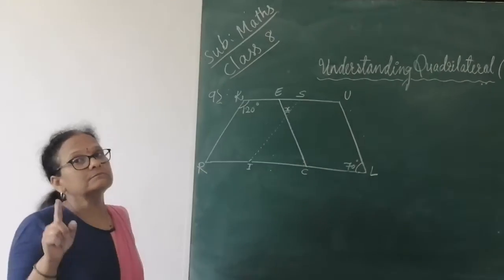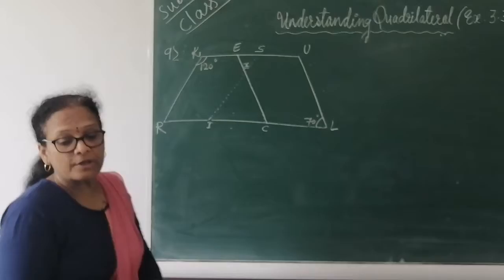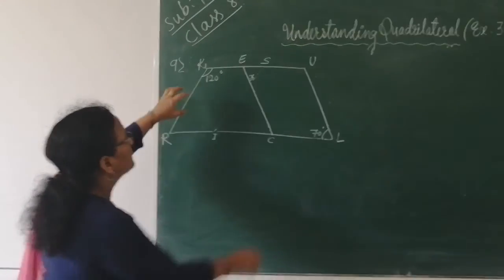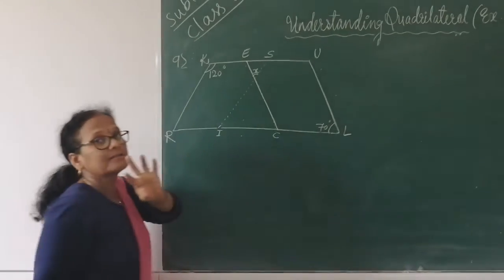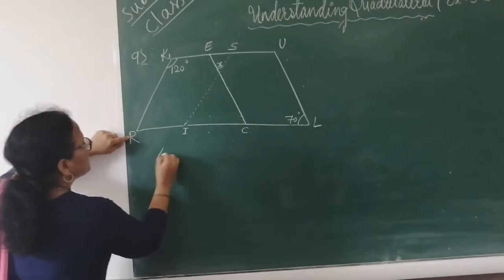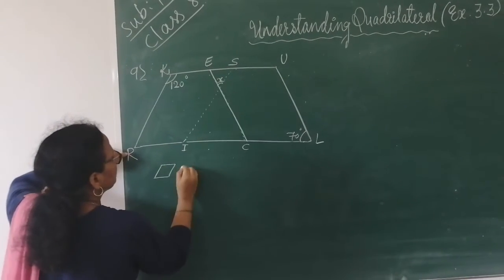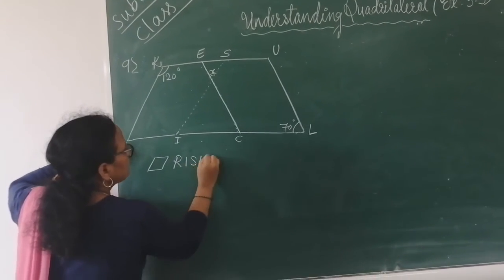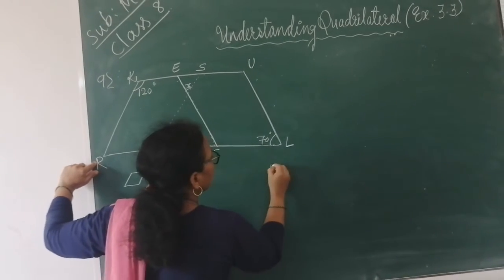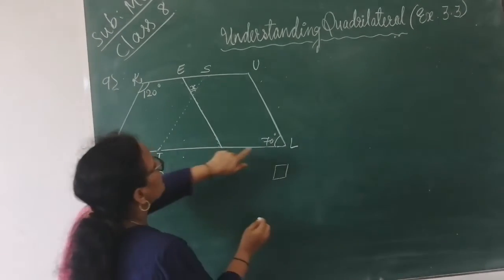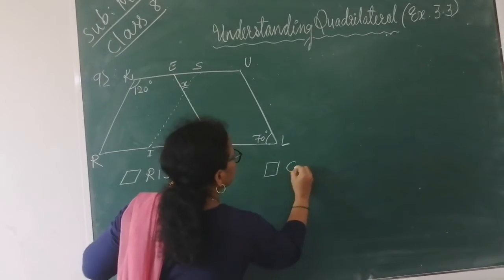Now here we will solve sum 9. Here, if you carefully observe, two parallelograms are given. Parallelogram RISK and the second parallelogram given, that is CLUE.